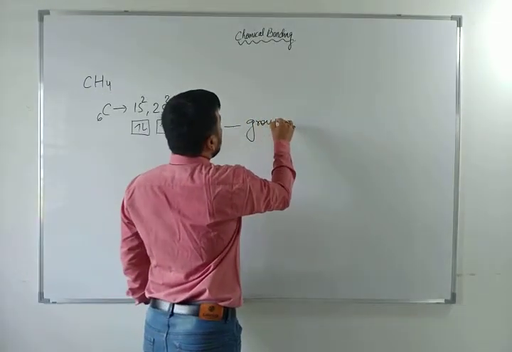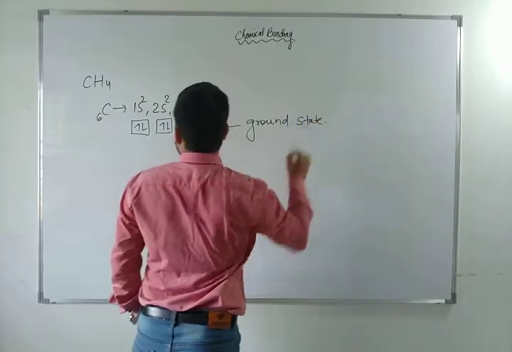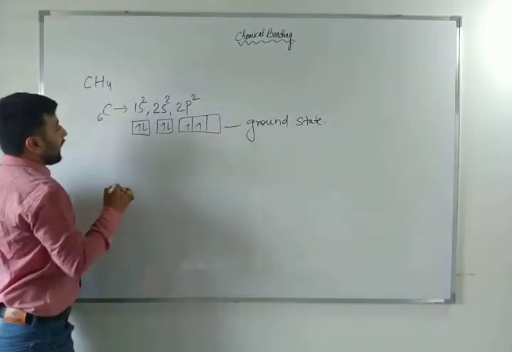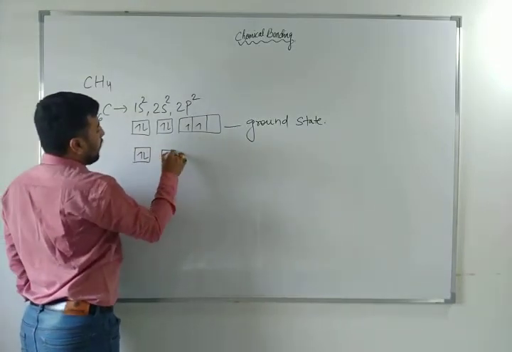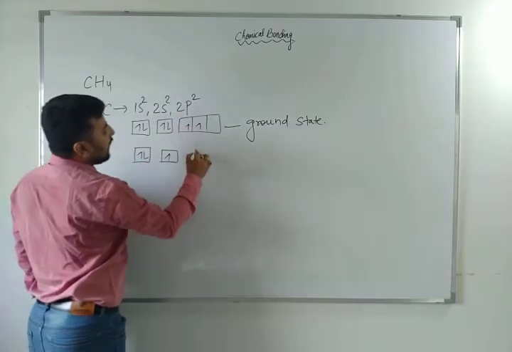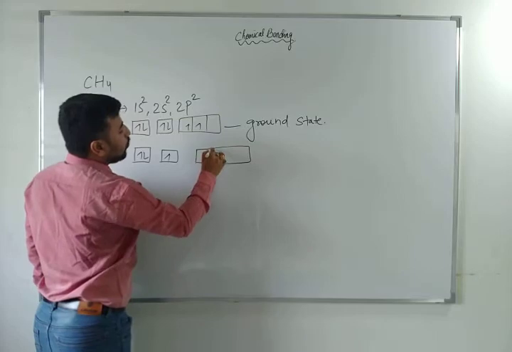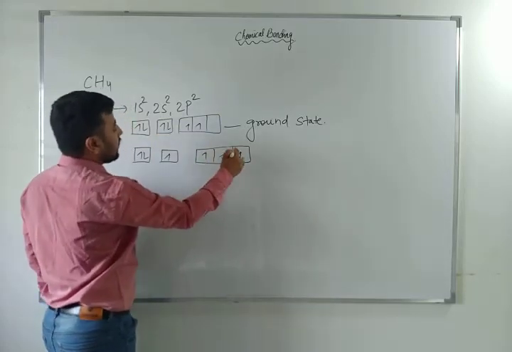What is this called? Ground state. Now, if I talk about the excited state, 1s2, but this 2s2 will convert into 2s1, and 1 electron will shift to the third 2p orbital. Both electrons were there, and the third electron has shifted here.